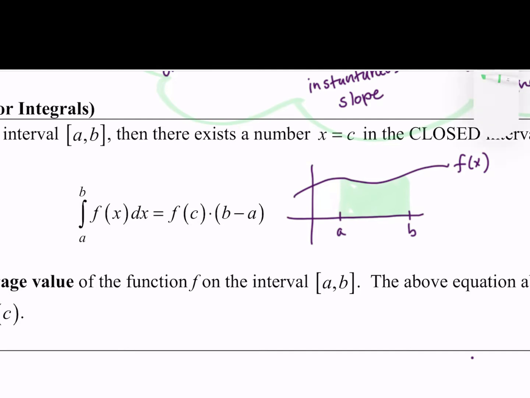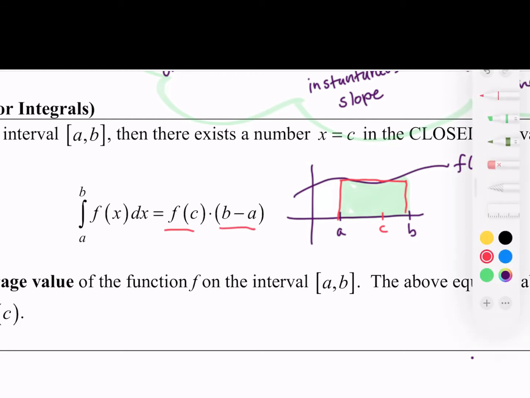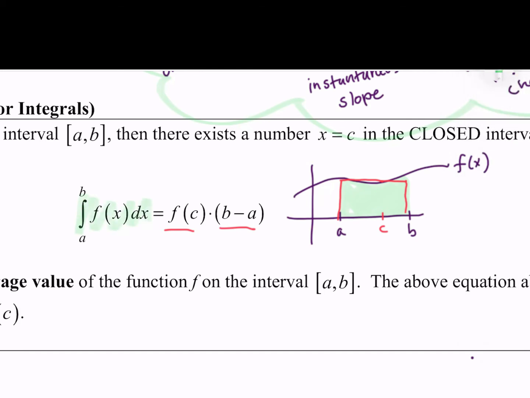There is also some value c, where I don't know where it would be in this case, let's just put it right here. There's some value c for which we can form a rectangle from a to b that is equal to the green area. So the area of the rectangle, which is f of c times b minus a, is equal to this green area right there. Those two become equal.